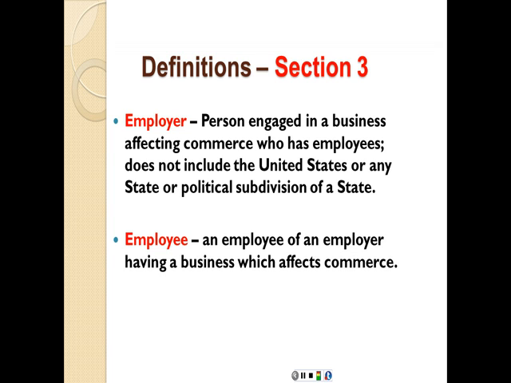So the federal government is exempt from the Occupational Safety and Health Act, and so are the state governments. An employee is an employee of an employer having a business which affects commerce. So anyone working for an employer that qualifies as an employer in the first part of Section 3 is considered an employee.